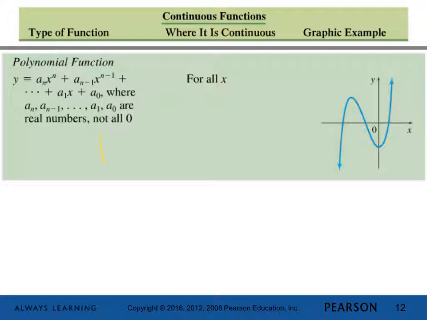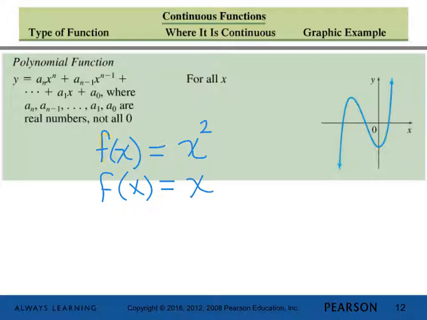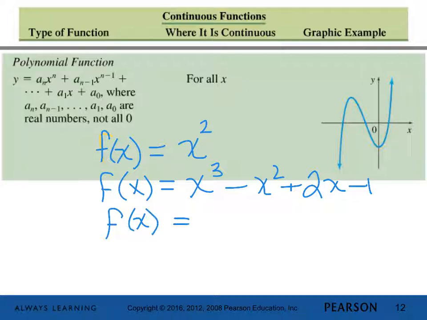Polynomial functions look like f of x equals x squared, or f of x equals x cubed minus x squared plus 2x minus 1. They can have lots of terms. It could look like f of x equals x to the 4th minus 5.